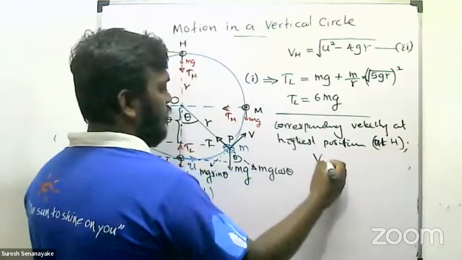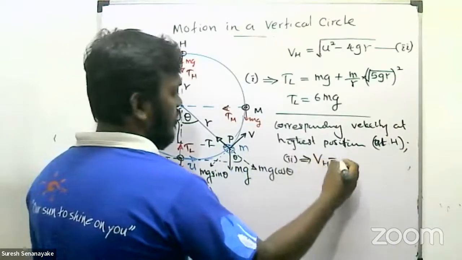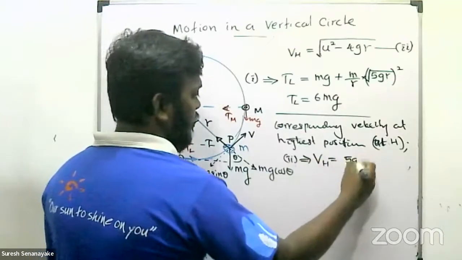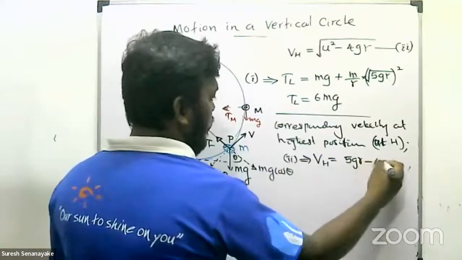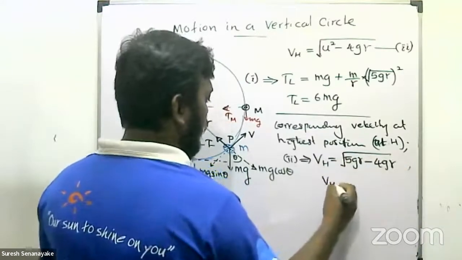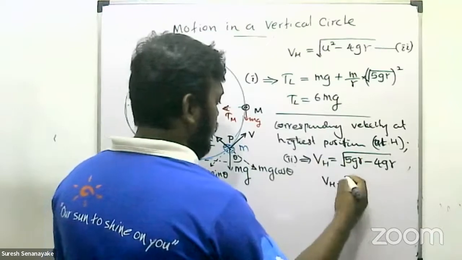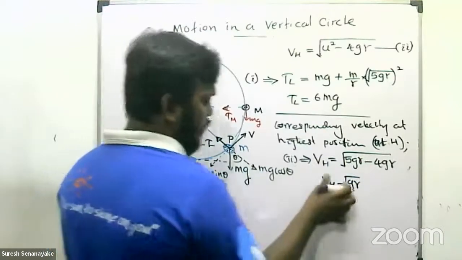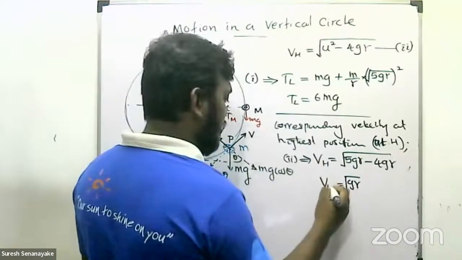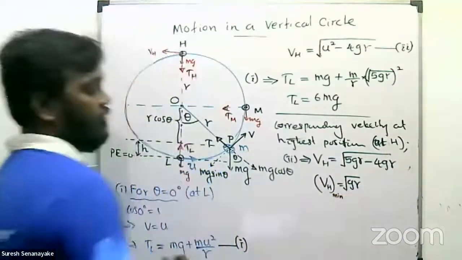That is VH. From Roman number 2, the VH you can write: u square is 5gr minus 4gr, the square root of this. So it equals the square root of gr. This is the minimum velocity at the highest point, VH minimum value.